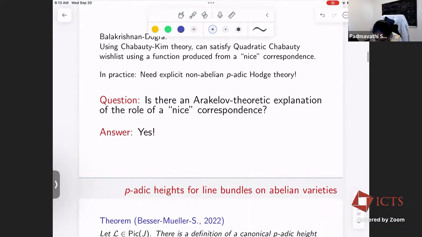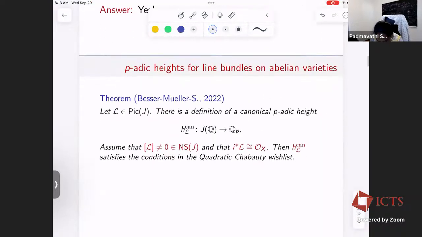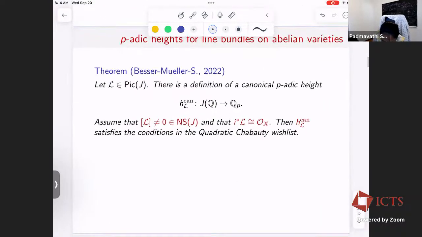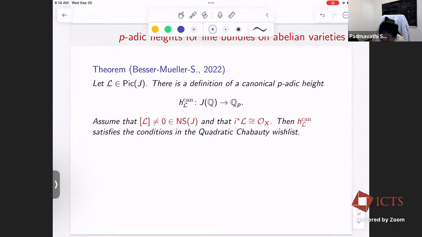To be a bit more precise, what I'm going to do during this talk is describe a new construction of a canonical p-adic height associated to a line bundle on a Jacobian. If you want to use this height function to run quadratic Chabauty, you want this global function.